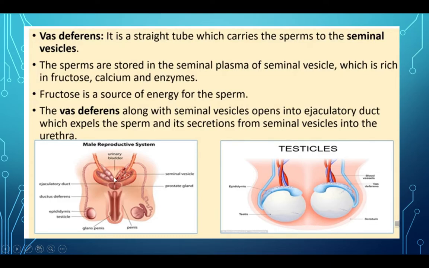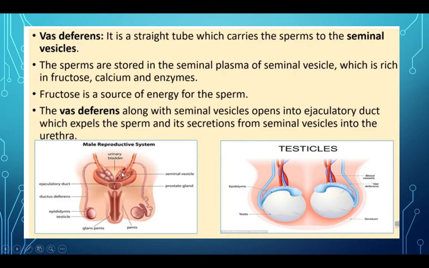On both sides you can see the seminal vesicle. So here the sperm comes. The sperms are stored in the seminal plasma of the seminal vesicle, which is rich in fructose, calcium and enzymes. So fructose, calcium and enzymes are present where? In the seminal vesicle. So the developing sperms move through the vas deferens and come to the seminal vesicle.